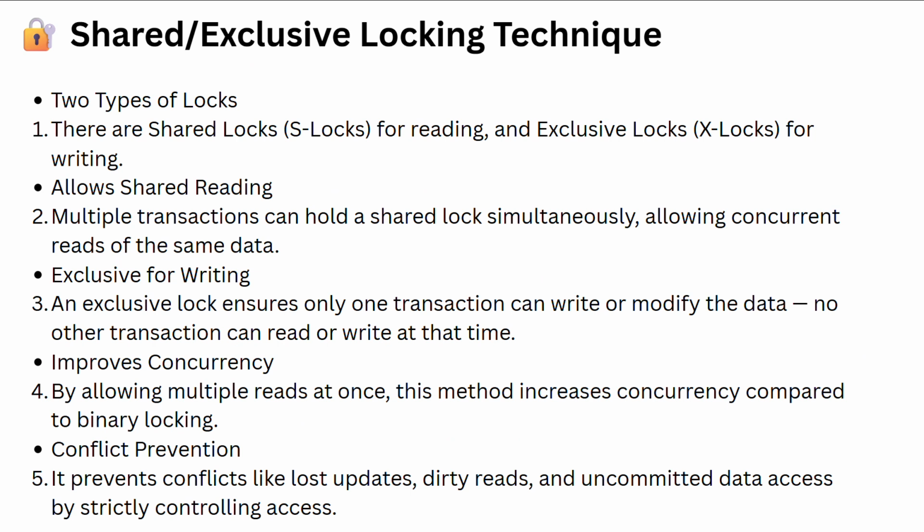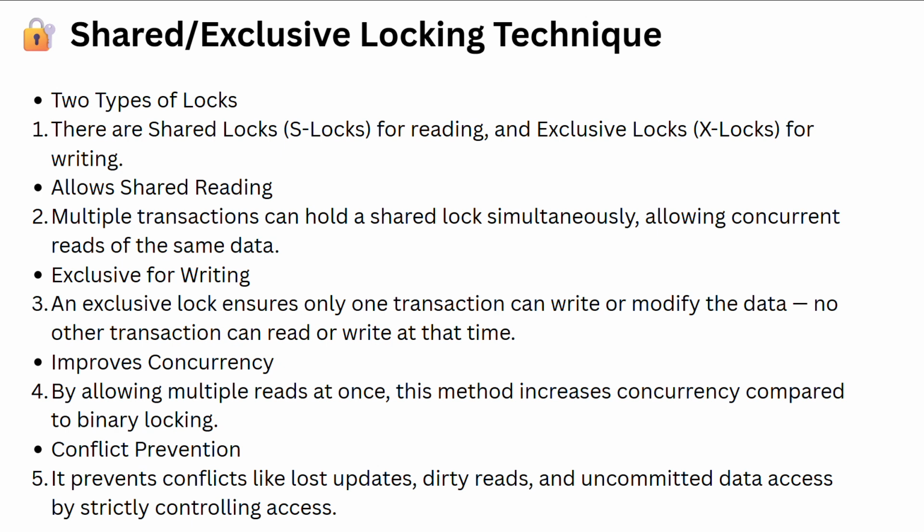In this, multiple transactions can hold a shared lock simultaneously, allowing concurrent reads of the same data. Exclusive for writing. An exclusive lock ensures only one transaction can write or modify the data. No other transaction can read or write at that time. No other task can be done at the same time.